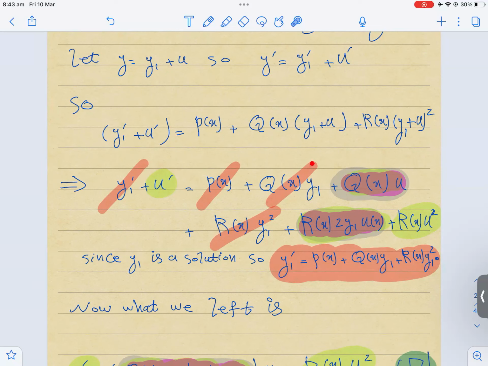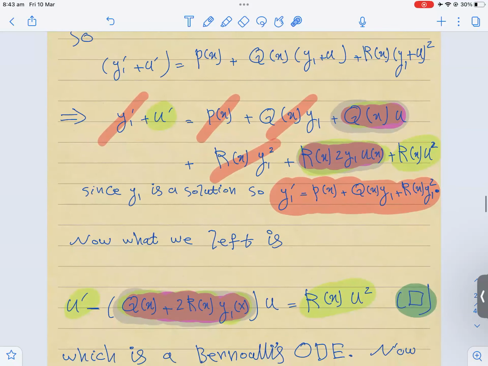That's why I can cancel two equal things from both sides of the equation. So what we have been left with is these things: u prime equals this dark highlight. I move them to the left-hand side and it will be like this.